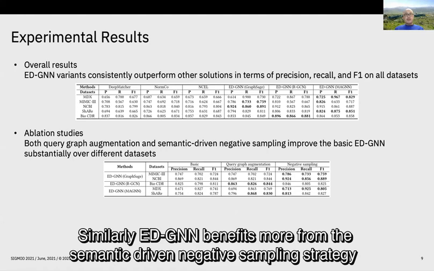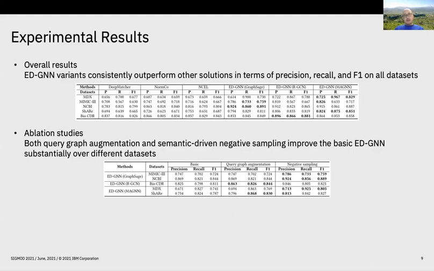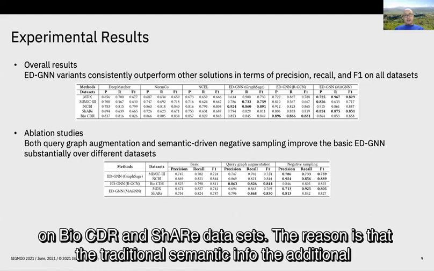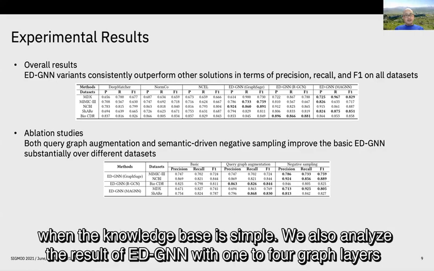Similarly, EDGN benefits more from the semantic-driven negative sampling strategy on MDX, which is over 6.4%. We also observed the query graph augmentation is more effective on BioCDR and SHARE datasets. The reason is that the additional semantic information from the augmented query graph is more representative when the knowledge base is simple.